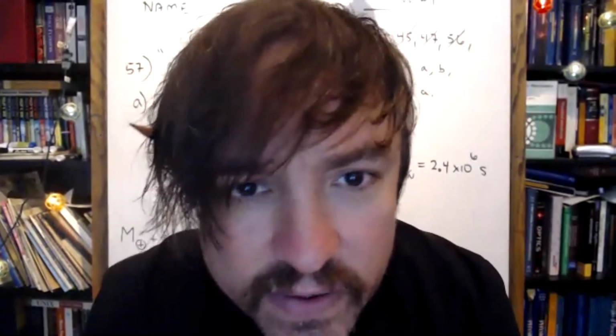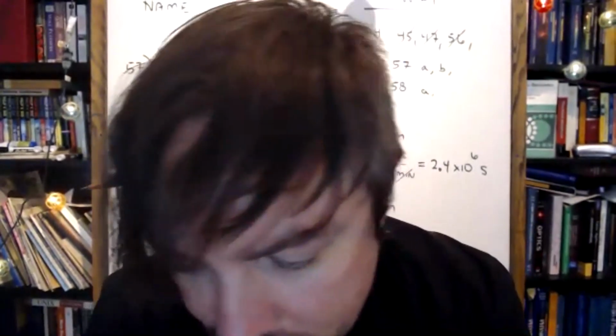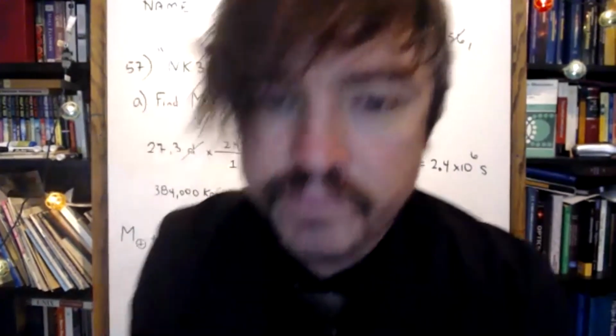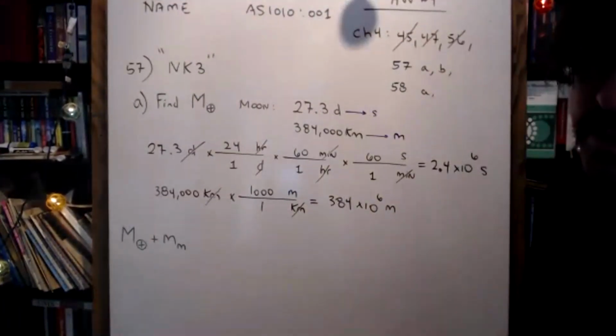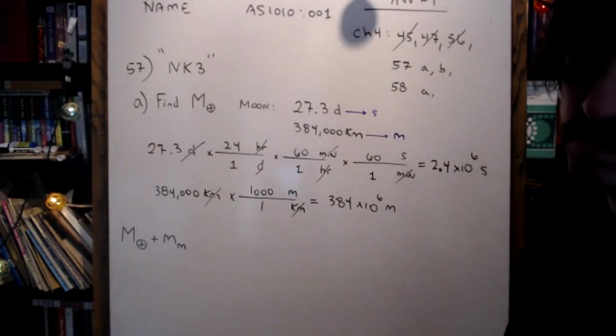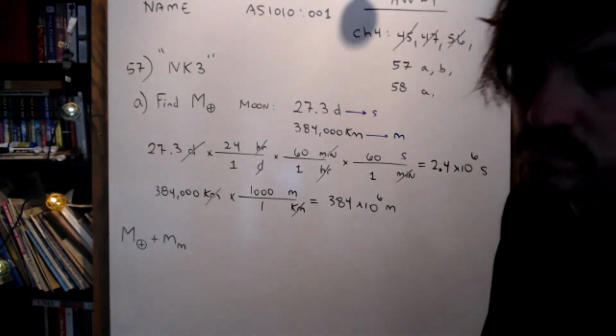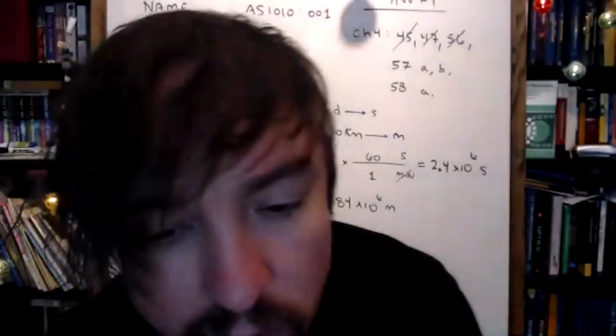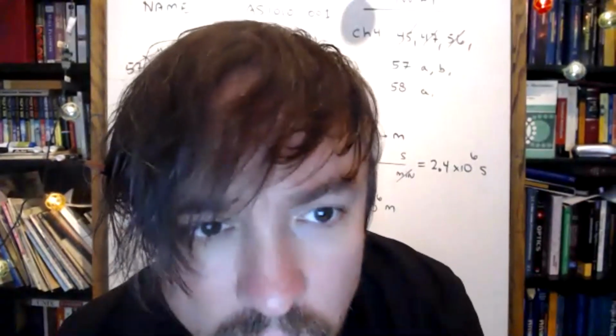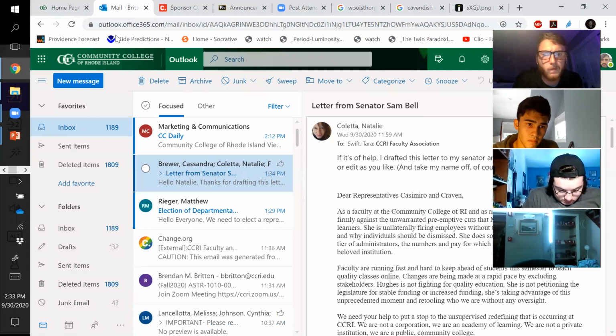Rory, what's the hint say? Hang on, I gotta pull it up. Calculate Earth's approximate mass from the fact that the moon orbits every 27.3 days.